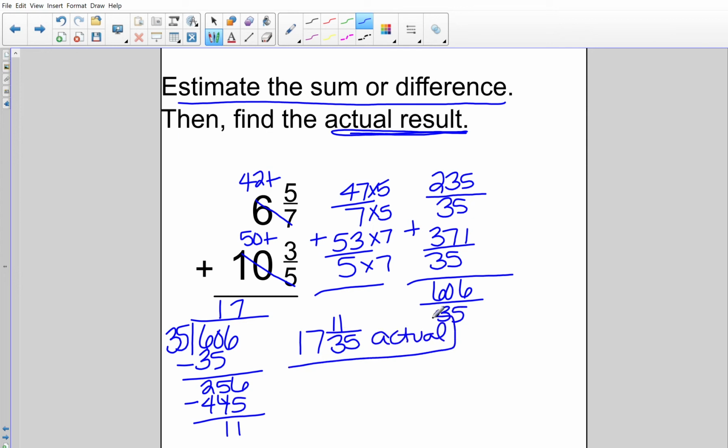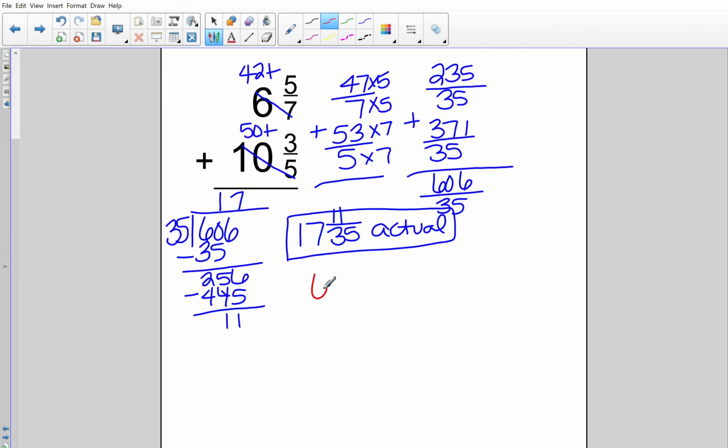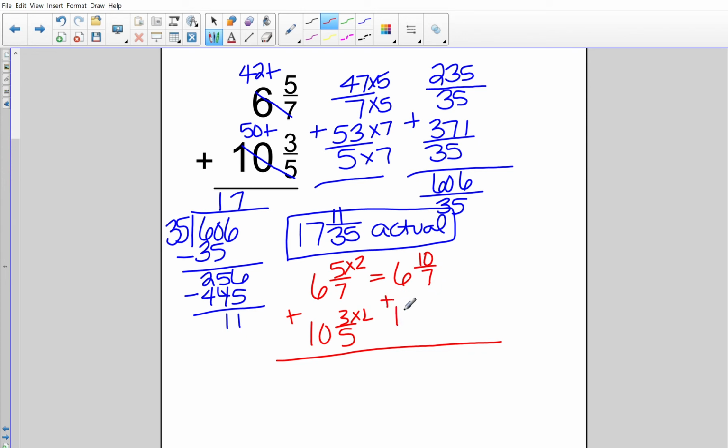Okay, so that's part of what we're needing to do. To estimate it, I'm going to take my 6 and 5/7 and my 10 and 3/5, and I'm going to do the same thing that we did before. So I'm going to multiply just the tops by 2 and see what I get. So I have 6 and 10/7, and I have 10 and 6/5.